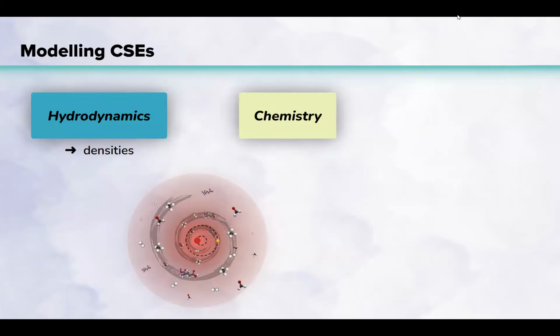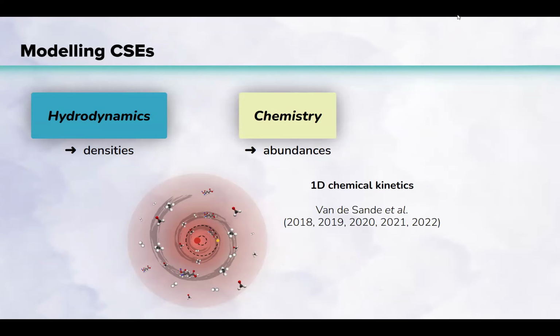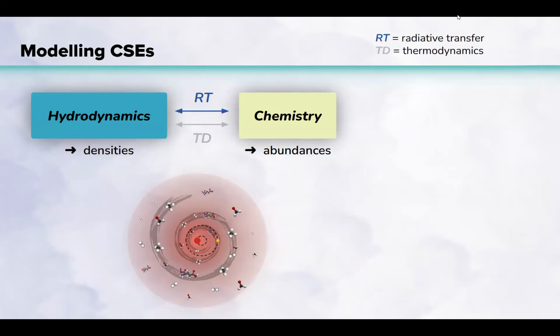Next to this, as I was saying, we also need the chemistry for assessing the chemical abundances. A lot of work has been done in one dimension for chemical kinetics, mainly by Marie van de Zande, as you can see from all her papers here. Already from this, we can learn a lot about the structure of the AGB star. But of course, the big goal would be to combine the two to also assess the chemistry in 3D.